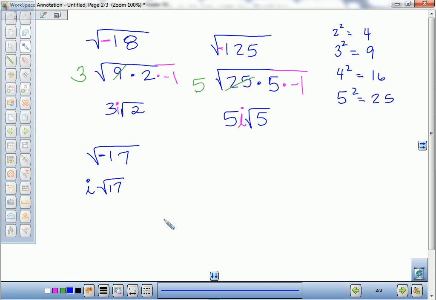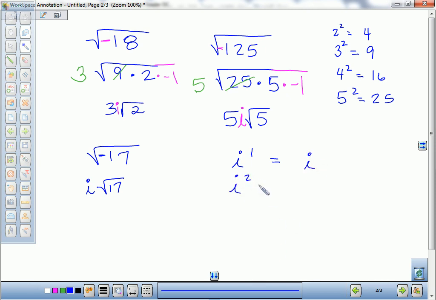Isn't i squared, is it +1 or -1? -1. Okay? So, before we jump back and talk about multiplying, let's talk about that again. Remember, we said yesterday that i to the first is the square root of -1, and we just write i.